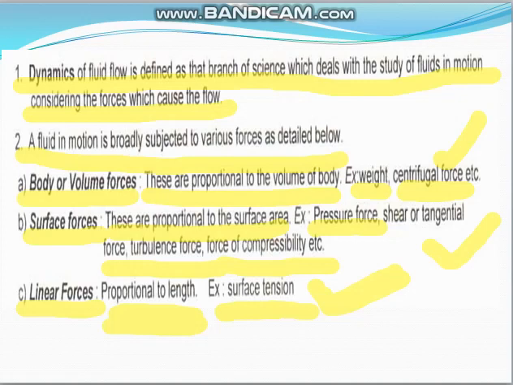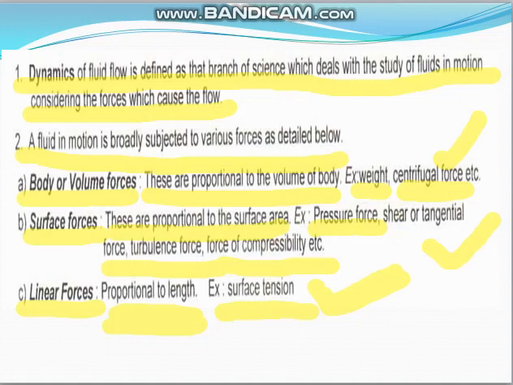Whereas in two dimensions we consider both axes x and y, that gives the length and width also, that is the area, the surface area, like pressure force, shear or tangential force, turbulence force, and compressibility force.